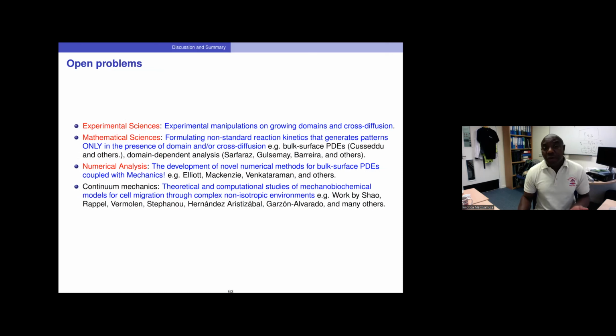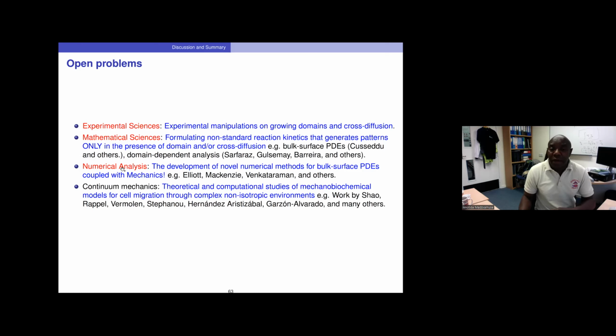In terms of open problems, one of my wishes would be for experimentalists to have experiments where they can generate patterning, in particular in cellular biology or plant biology, where your domain is changing in time. If they can have experiments carried out on environments which are time dependent, that would be very helpful.